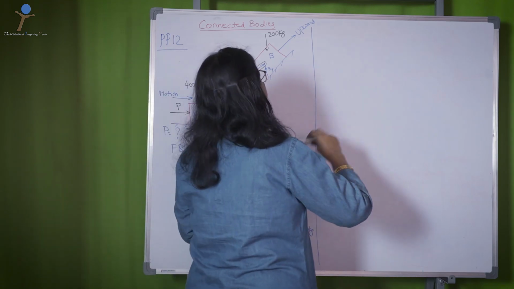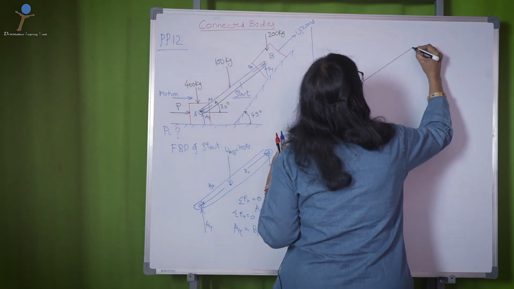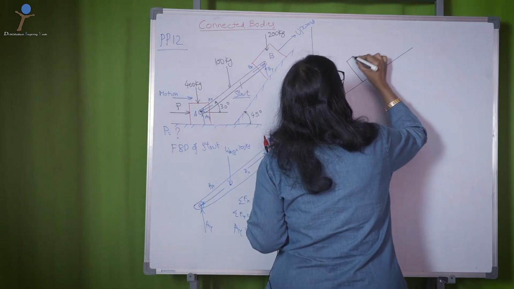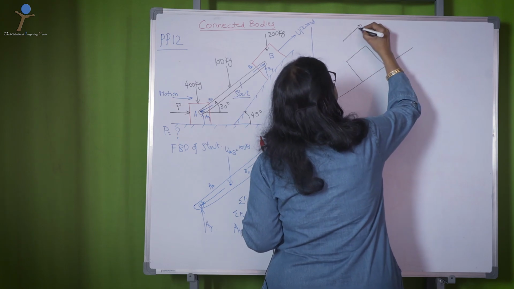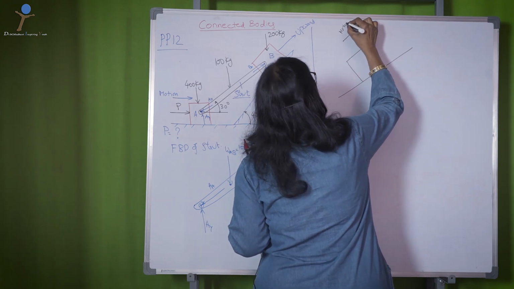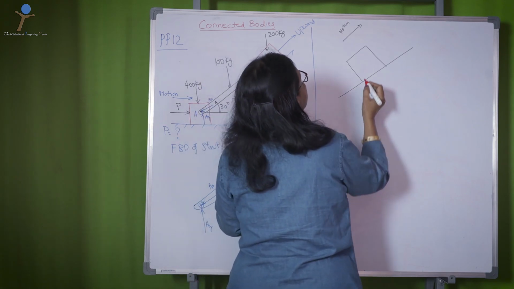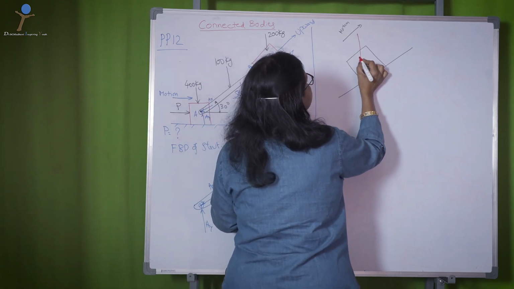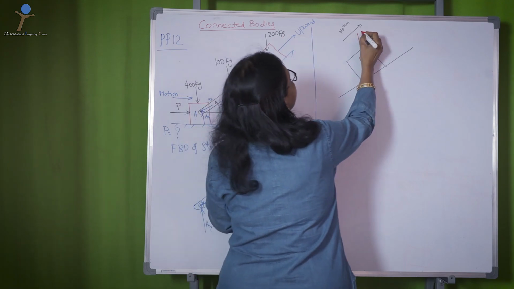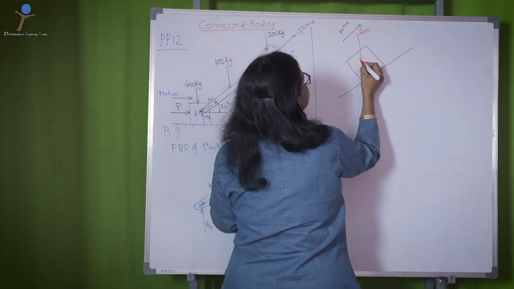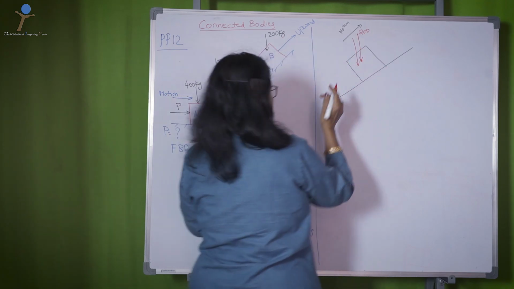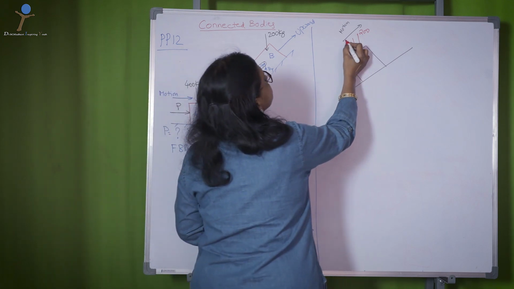Now, once you draw the free body diagram for an inclined surface where the object is moving in upward direction, the weights that are acting on this are, one is the self weight 200 plus the weight of the strut, which is 50.